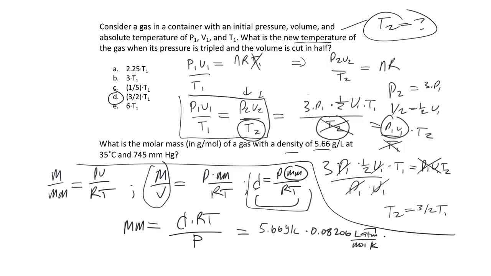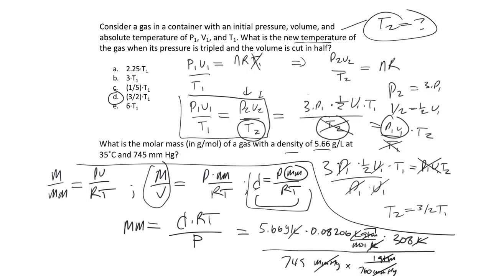To multiply by temperature, 35 degrees C is 308 Kelvin. So our Kelvin cancels, our per liter and liter cancel. Then I'm going to divide by 745 millimeters of mercury, and then just know that I have to convert millimeters of mercury into ATM. So my ATM cancels.